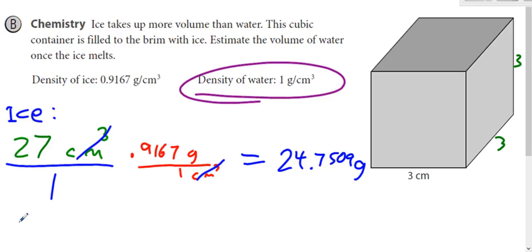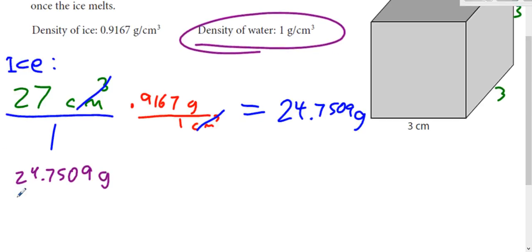And now we have 24.7509 over 1. We're going to use this conversion factor, which is 1 gram over 1 cubic centimeter. I'm just going to go through it to be a little bit thorough and practice what we need to do for our conversions, because 1 over 1 doesn't really change anything.